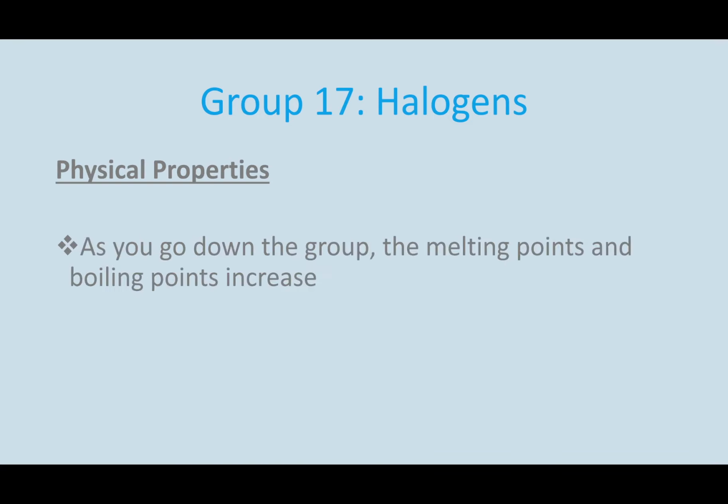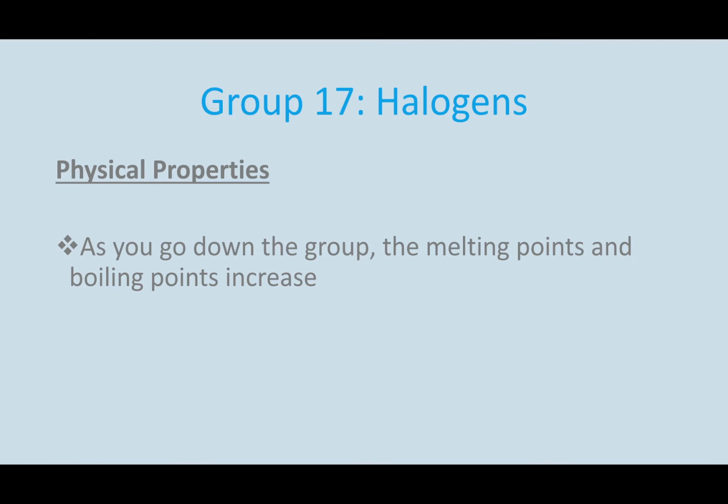The physical properties: as you go down the group, the melting points and the boiling points increase. This kind of makes sense because as we go down, we go from a gas to a liquid to a solid in terms of fluorine, chlorine, bromine, and iodine. Which makes sense, because if it's a liquid, the boiling point is going to be higher than if it's a gas in its natural state, right?